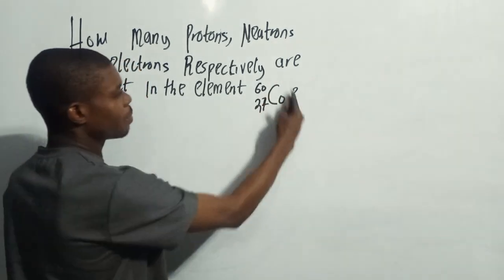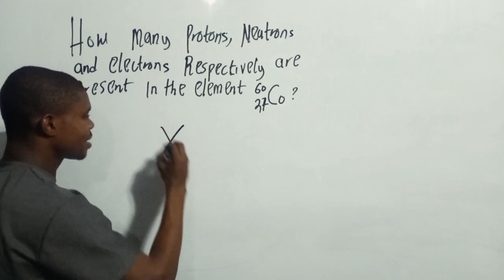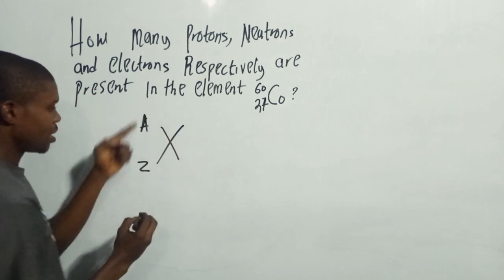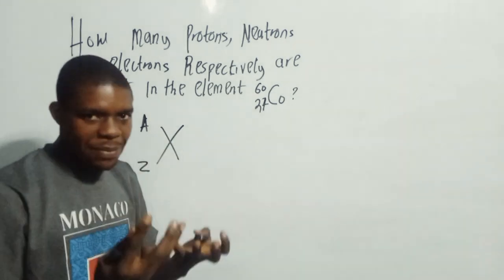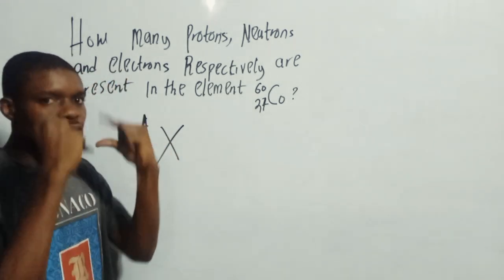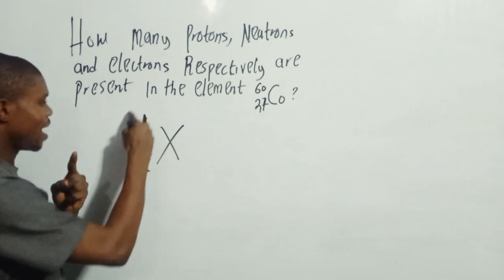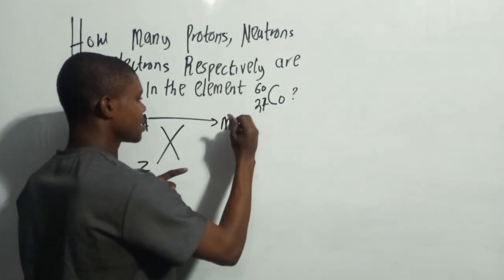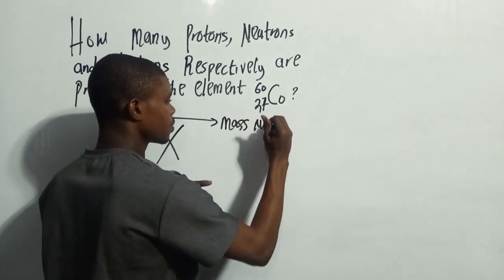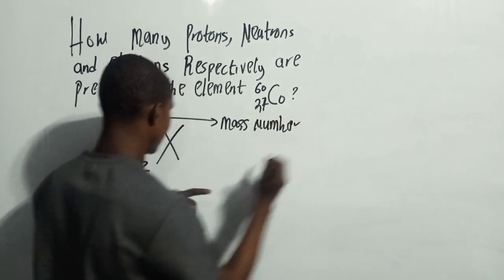Now whenever you see something like this, for example, here we have X, A, and Z. What you want to understand is that these are elements. And when you see an element, you see two visible things here, A and Z. A is the mass number.